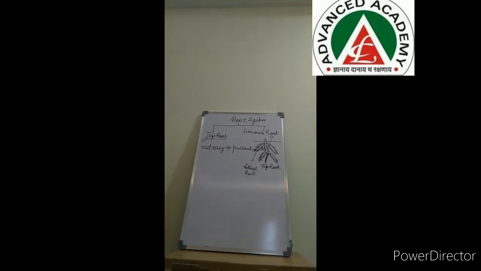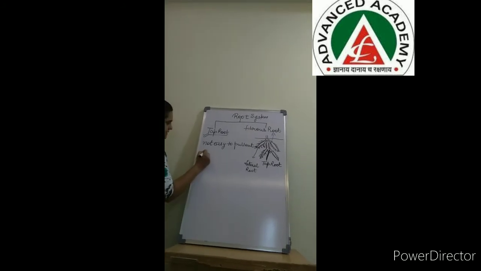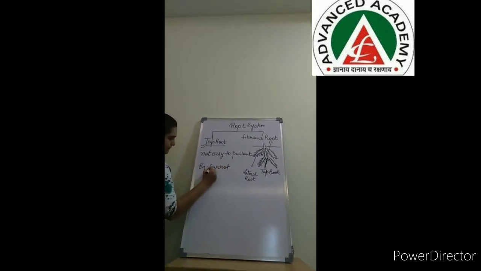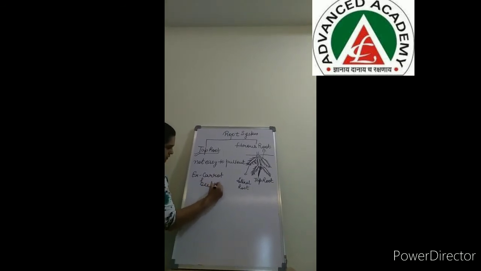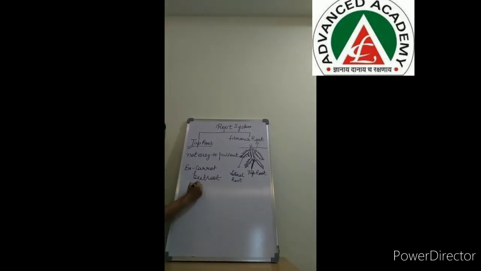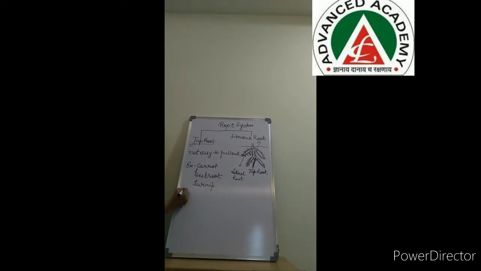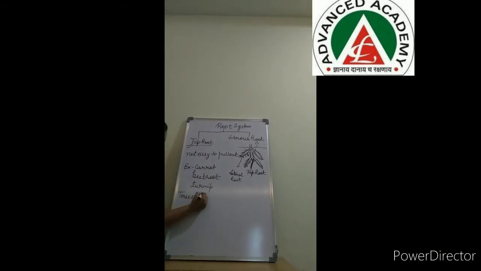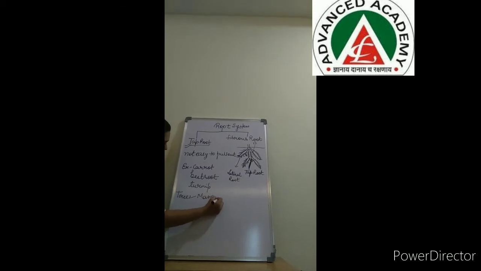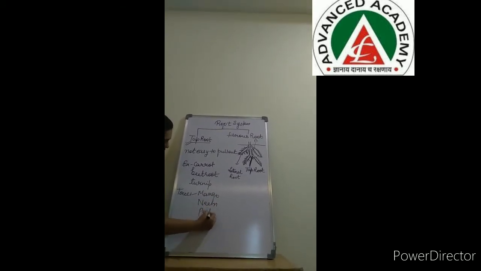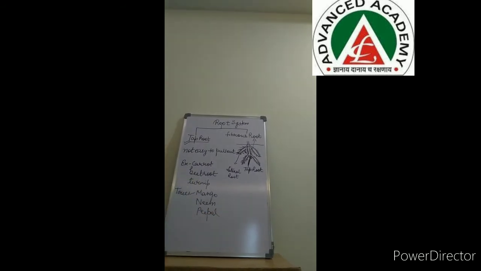Examples of tap root are carrot, beetroot, turnip, etc. And some trees also, like mango tree and neem, are examples of tap root.